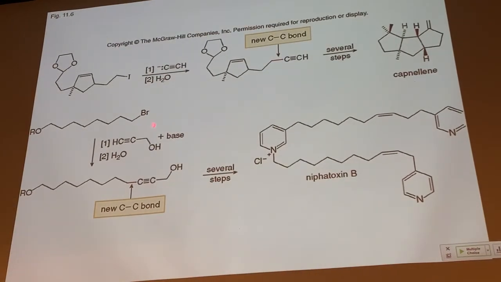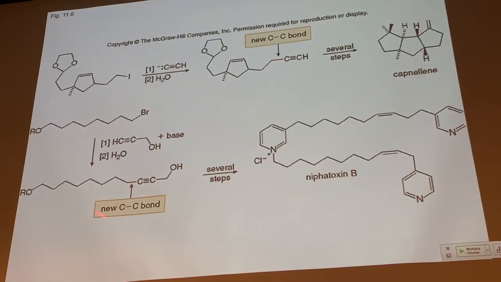It's not really necessary because your acetylide will displace the iodide. You would end up with a salt between the iodide and whatever your cation was, probably a sodium cation. So maybe they're using water to dissolve the byproduct, but you don't need it to get the organic product here, okay? So we're forming this carbon-carbon bond, and then this compound was used in a multi-step synthesis to afford capnellene.